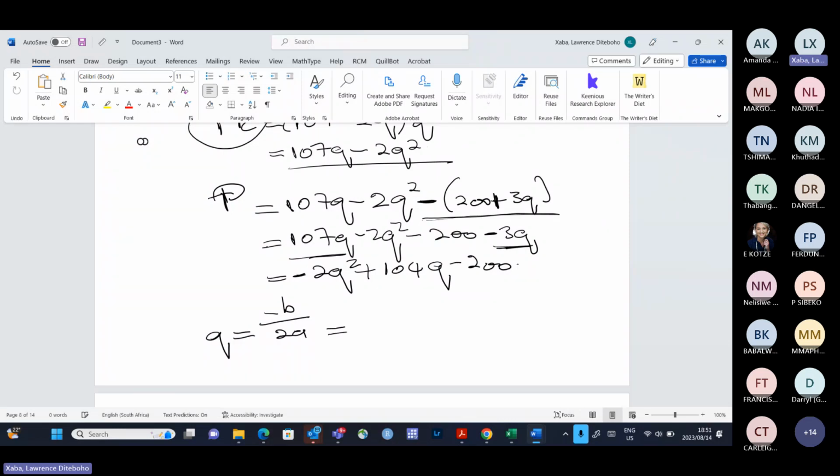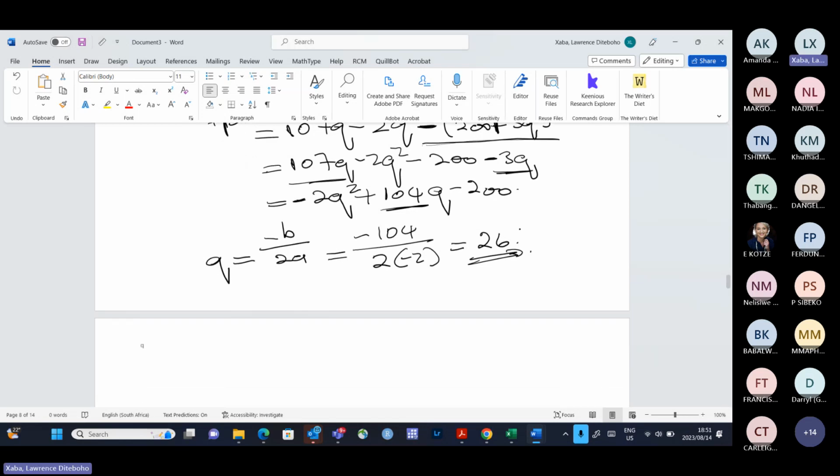Now we're using the given information. So our B in this case is 104. We have 2, our A in that case is negative. So when we simplify, we ended up having 26. So our Q is 26.